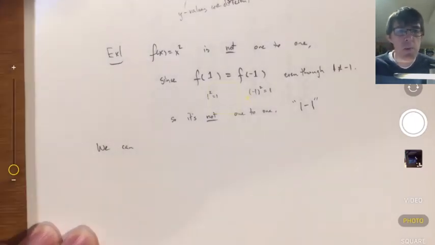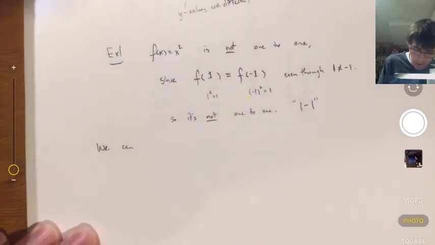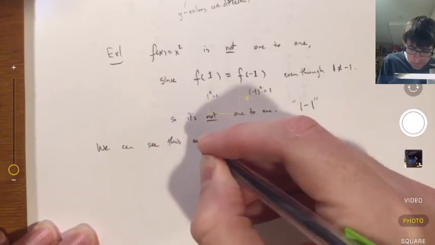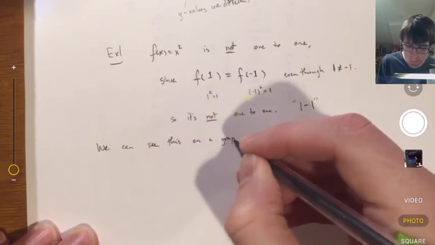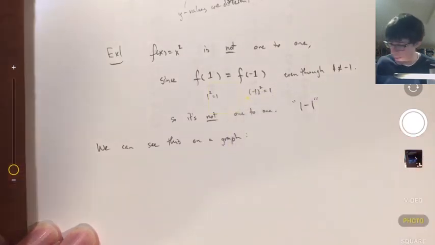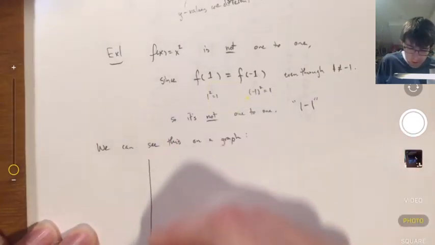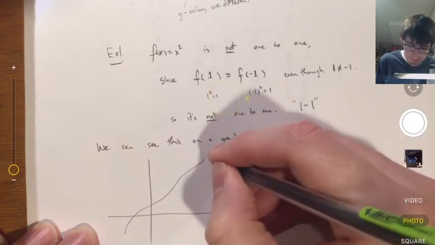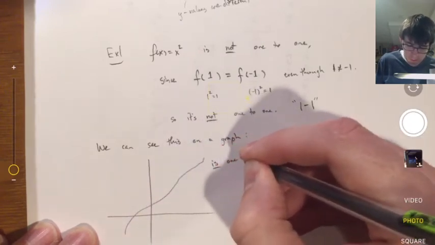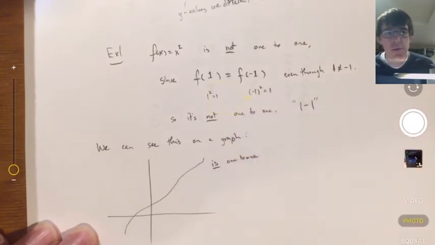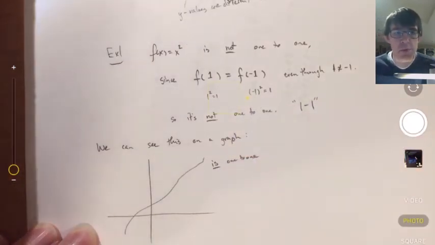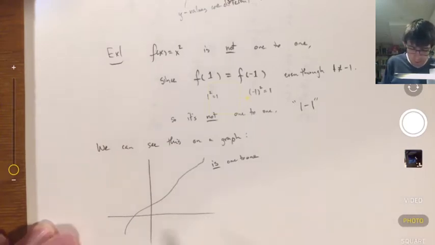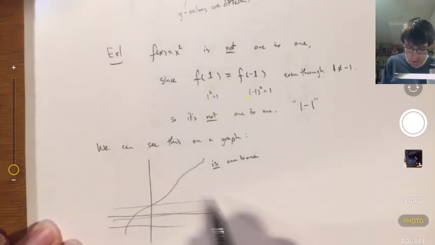Okay, we can see this on a graph. That's what I was saying. I mean, we can see whether something is 1 to 1 or not by looking at a graph. So, for example, here is a function which is 1 to 1. The matter of are there any y values which repeat, you can see very clearly by sort of sketching in, or I mean, you don't even have to draw this.